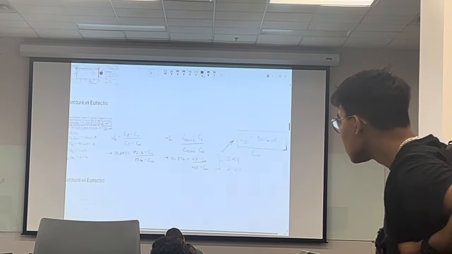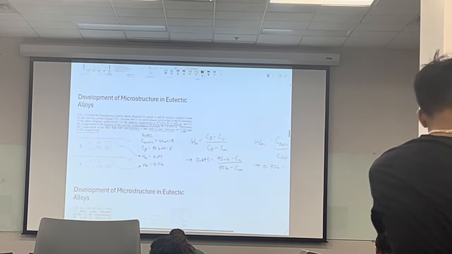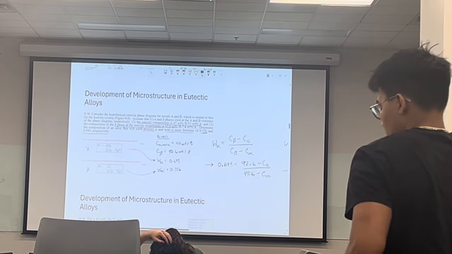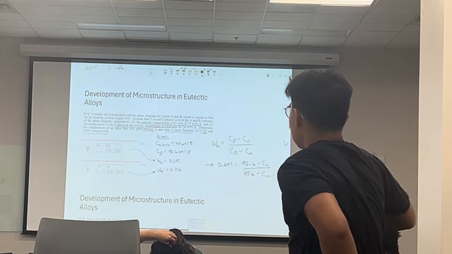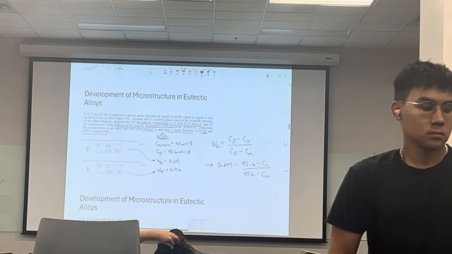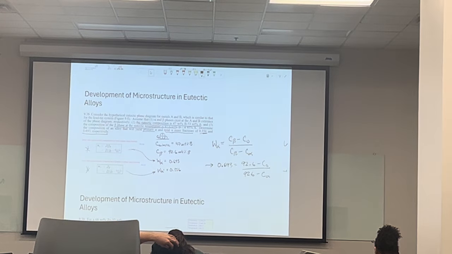So I guess I'll go over first. First of all, assuming that the alpha and beta phases exist at the A and B extremes, that's just to make sure that we don't misinterpret what they're asking us in the problem.